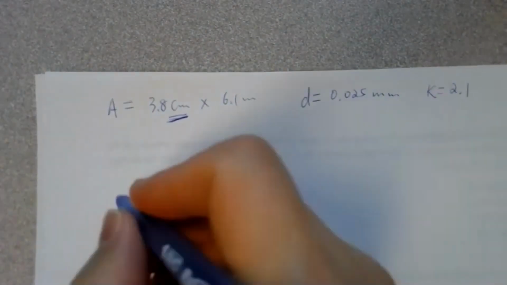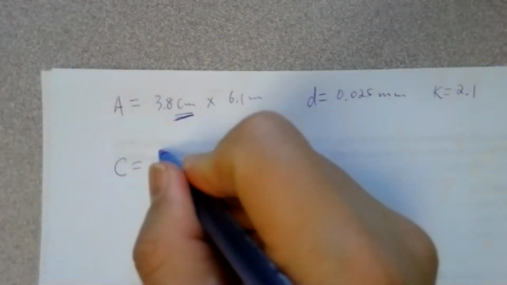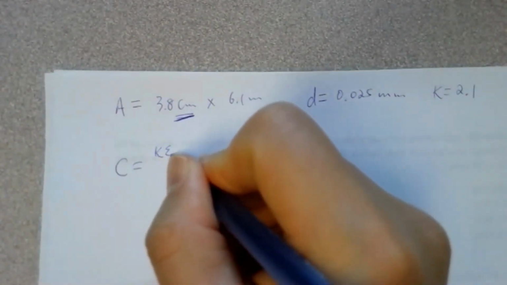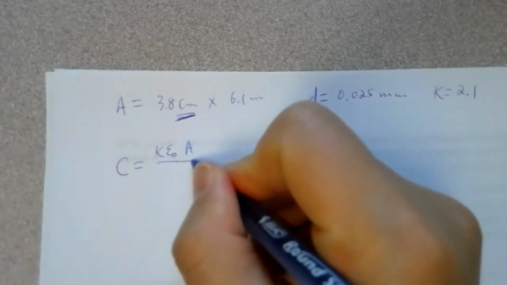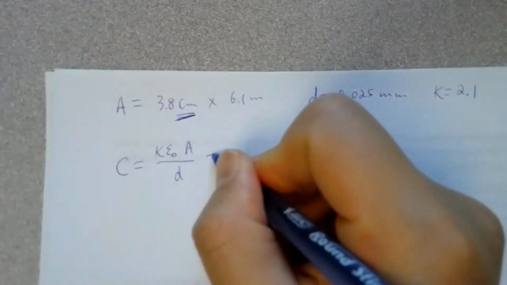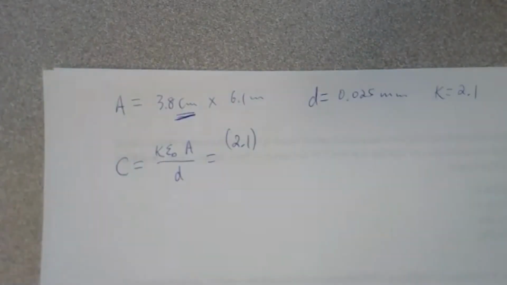Otherwise, you just plug the numbers into this equation. You can do epsilon times A, or kappa times epsilon 0, which gives epsilon, times A divided by D. The 2.1 here for kappa is dimensionless.